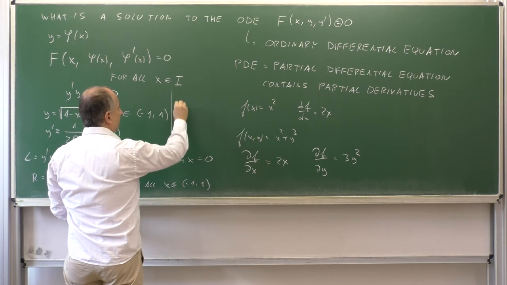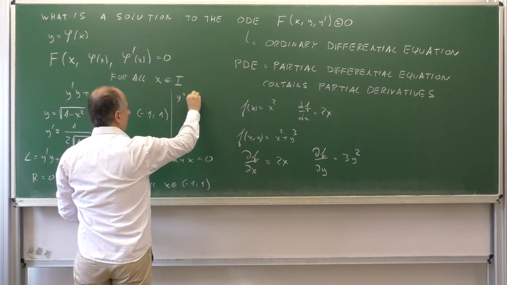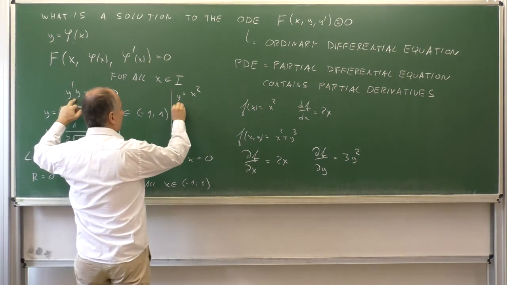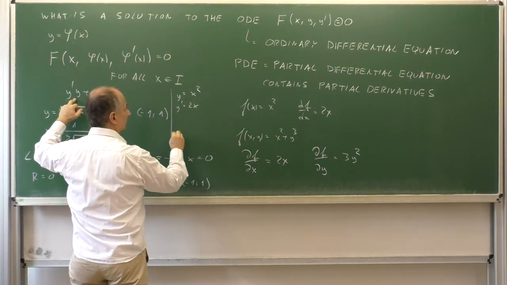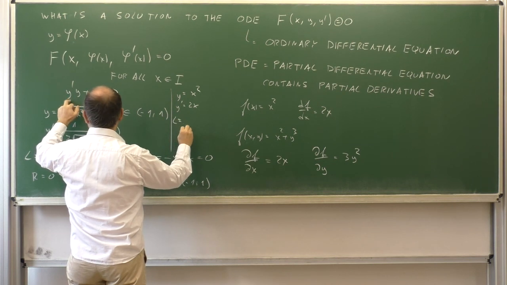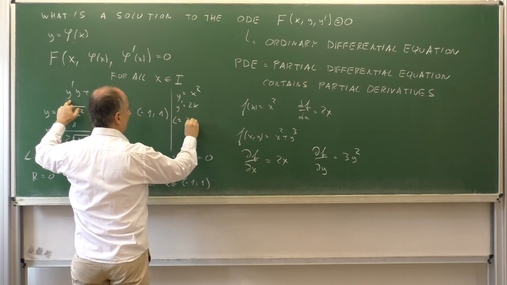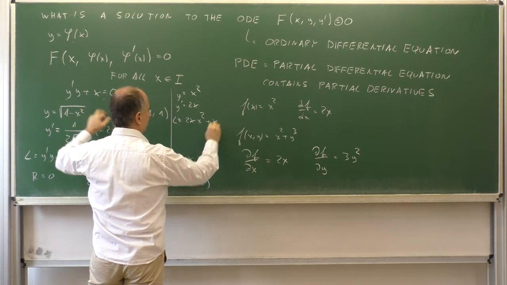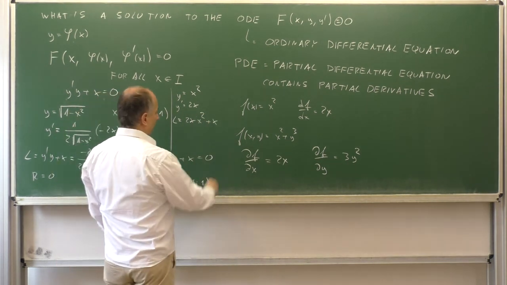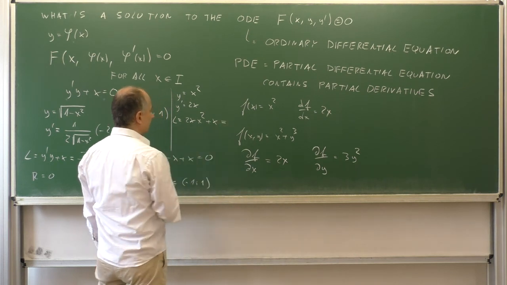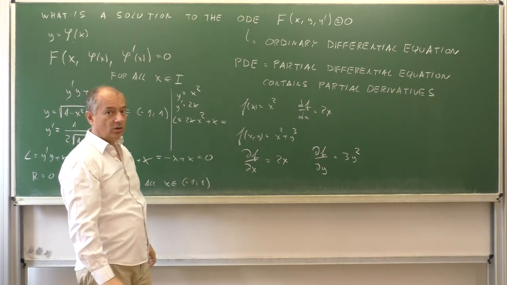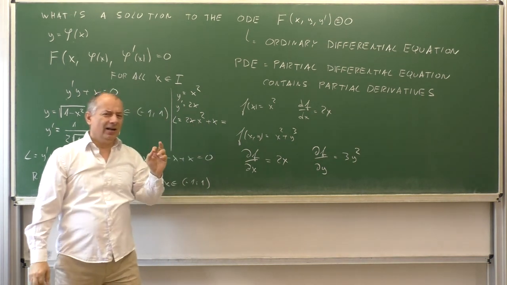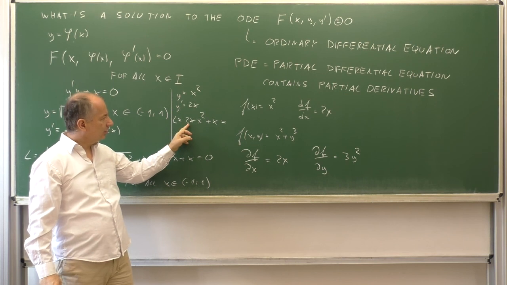On the other hand, if you consider the function, say, y is x squared, then y derivative is 2x, and on the left we have y derivative, which is 2x, times y, which is x squared, plus x, and this is not equal to 0 for all x. Well, there are special values of x.